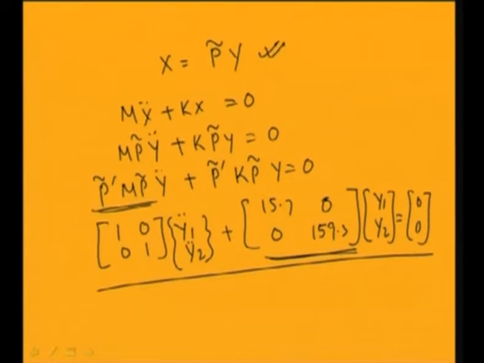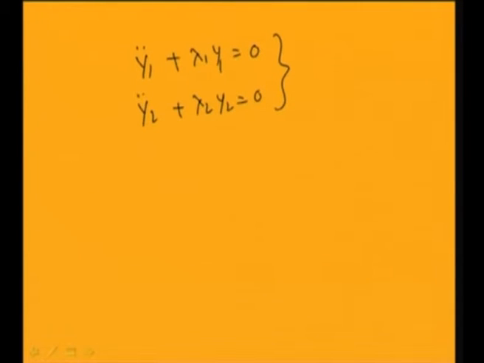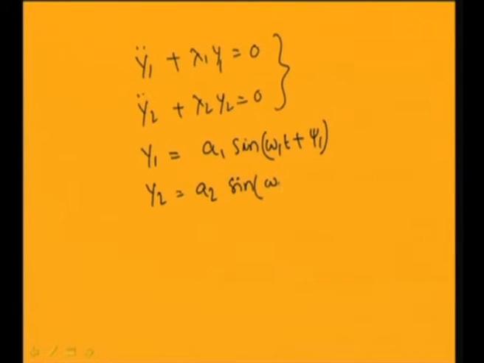Now you can write the solution of this. The solution of the first equation, y1 double dot plus lambda 1 y1 equal to 0, you can write as y1 equal to a1 sin omega 1 t plus psi 1, where lambda 1 is omega 1 square, and y2 becomes a2 sin omega 2 t plus psi 2.